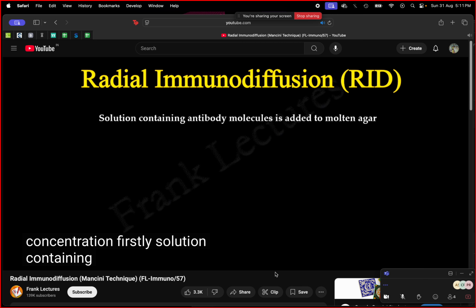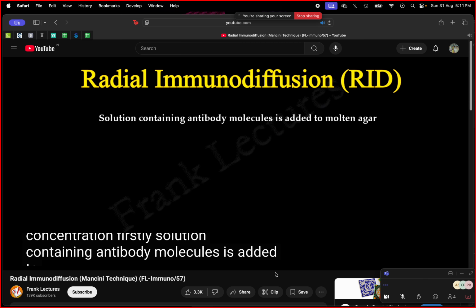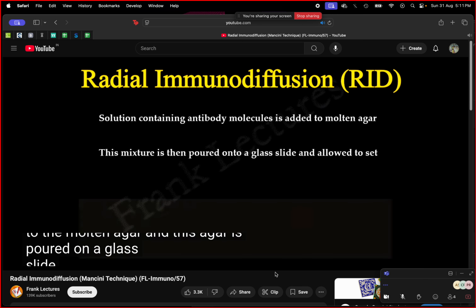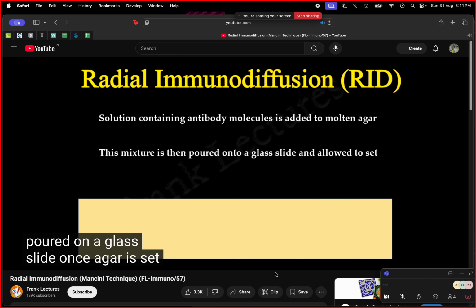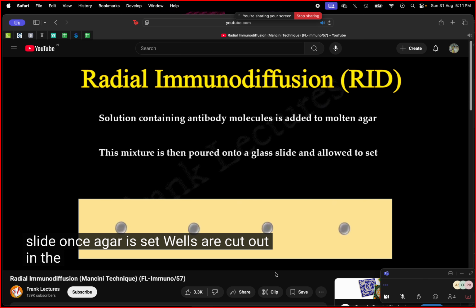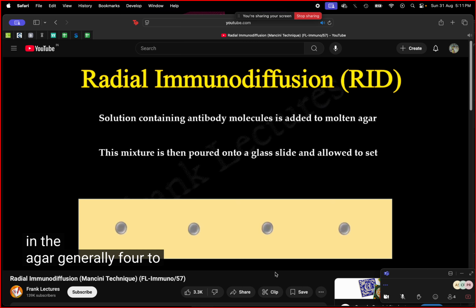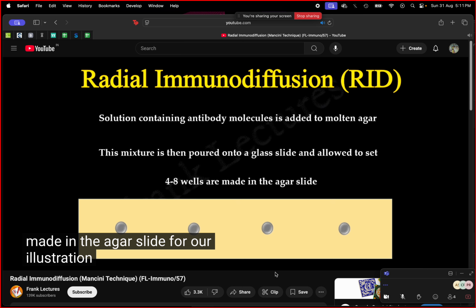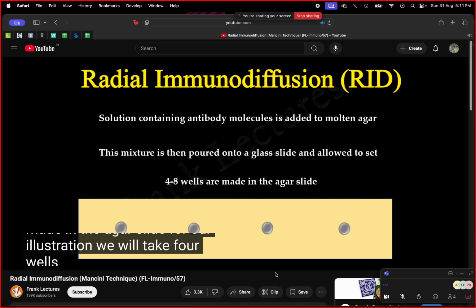Firstly, solution containing antibody molecules is added to the molten agar, and this agar is poured on a glass slide. Once agar is set, wells are cut out in the agar. Generally, 4 to 8 wells are made in the agar slide. For our illustration, we will take 4 wells.